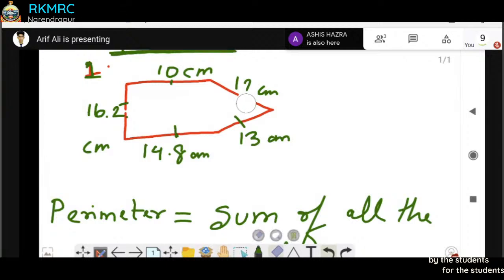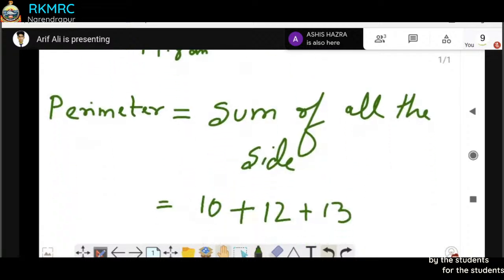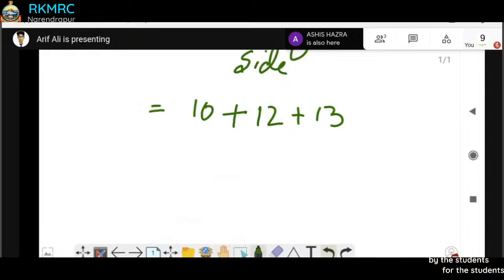Don't get confused, this is 12 centimeters. 14.8, 16.2 plus 14.8, 16.2.